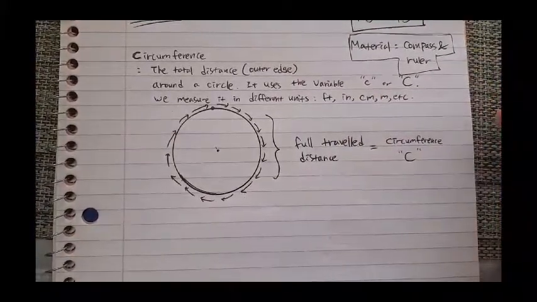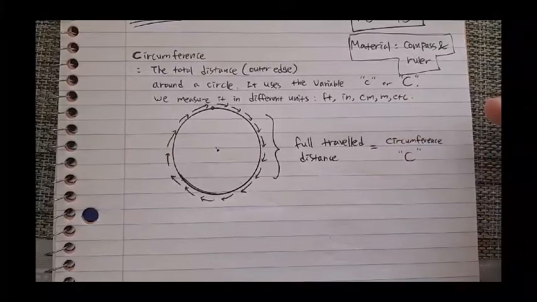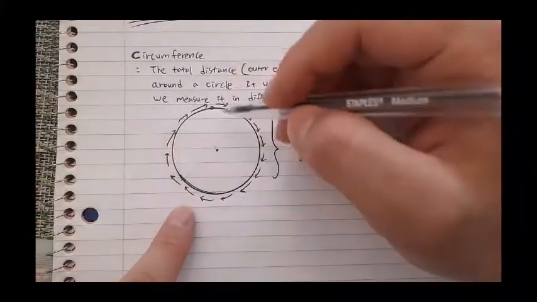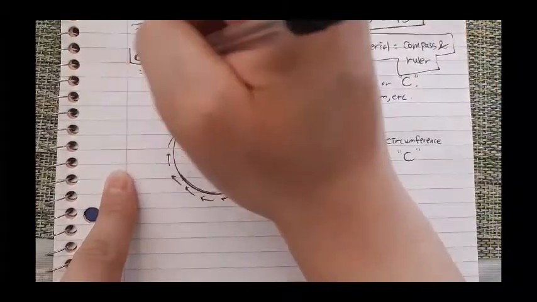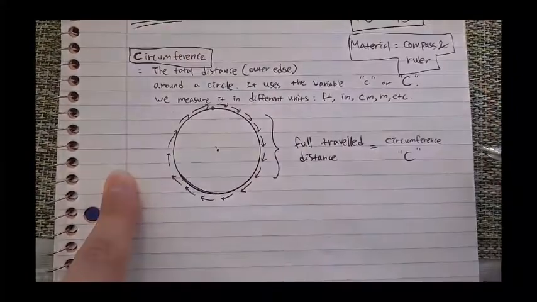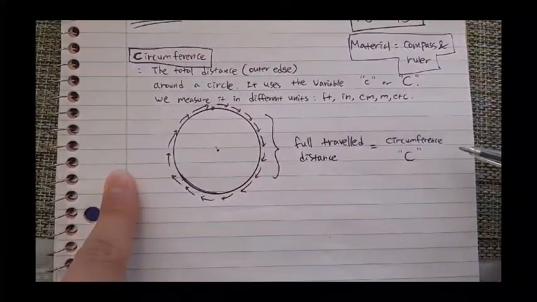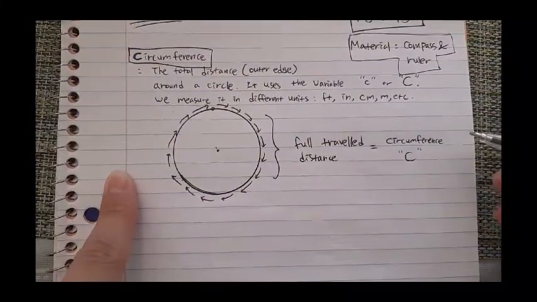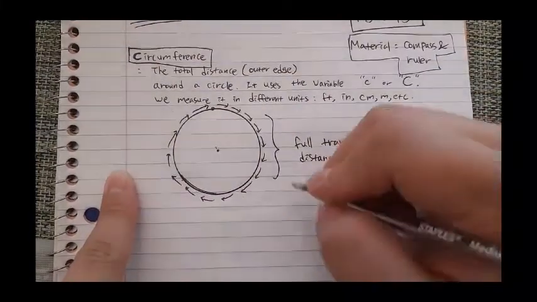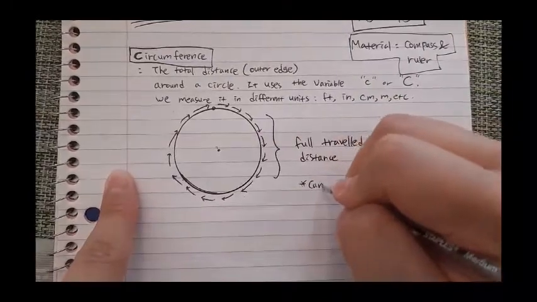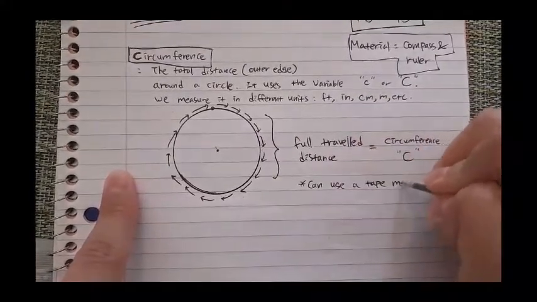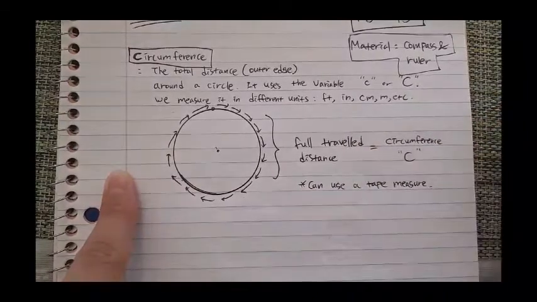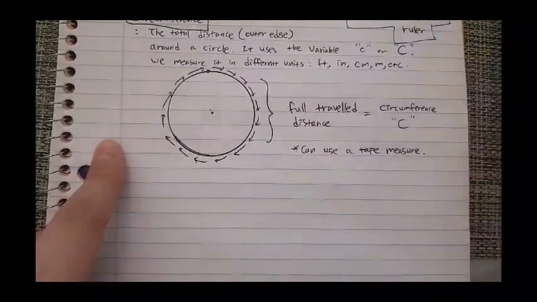You can determine the full distance too. This outer edge total distance is what we name circumference. So you can use your tape measure if it's an object. It may not be precise, but you can measure anything.